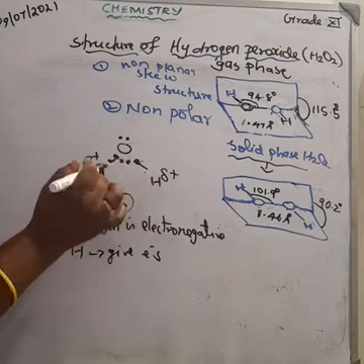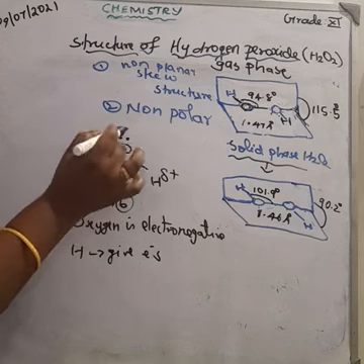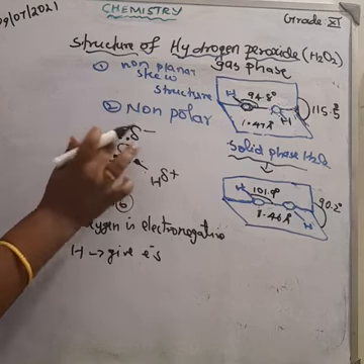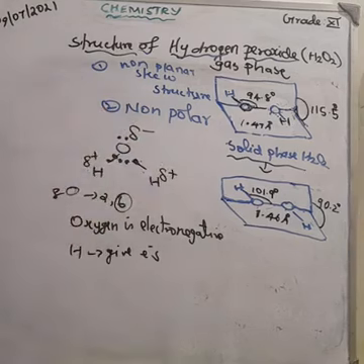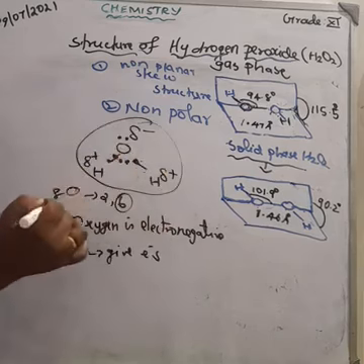Oxygen, when it attracts electrons, becomes slightly negative. So both positive and negative charges are present in the same molecule. That is a polar molecule.